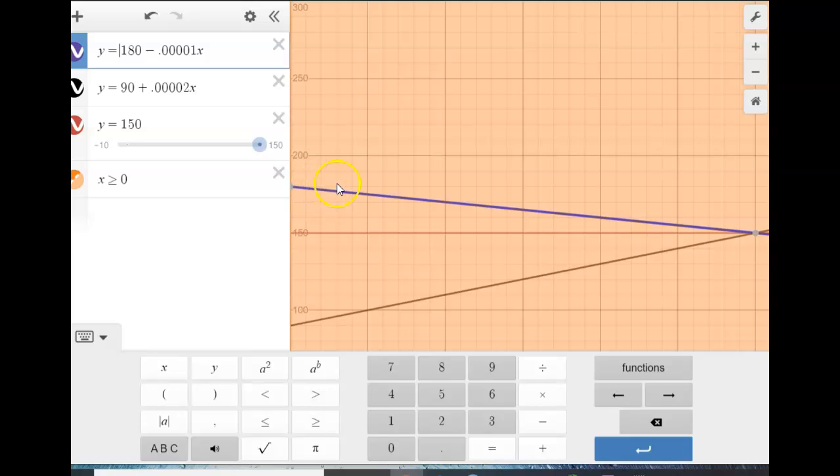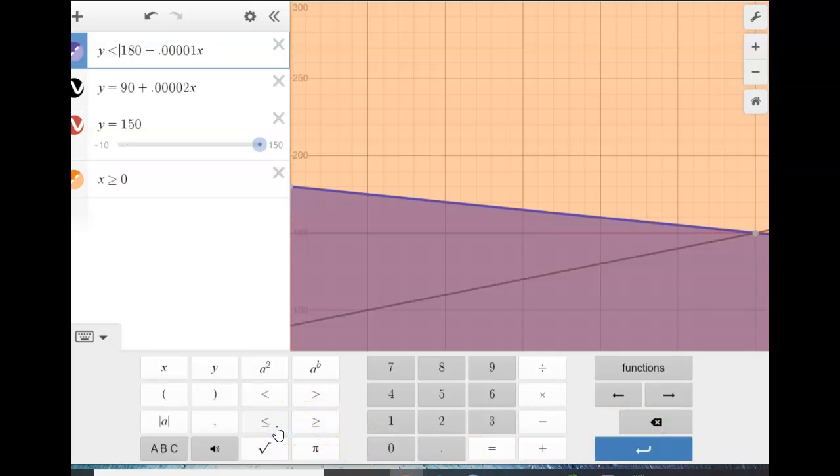Now, do we want to shade above the purple line or below the purple line? Well, it's going to be below because we want the area here between that line and the red line. So we're going to use less than or equal. There we go.